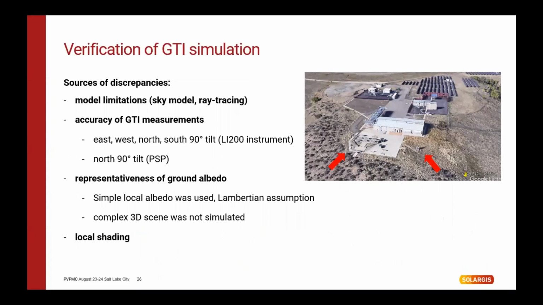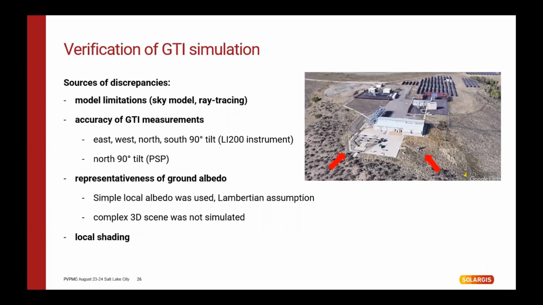Another consideration about the result was the representativeness of ground albedo. If you look at this site, albedo measurements are done in an area with low or sparse vegetation. But for the north-facing system, the scene or albedo of the ground is not representing, for example, this concrete flat area or reflections from buildings.